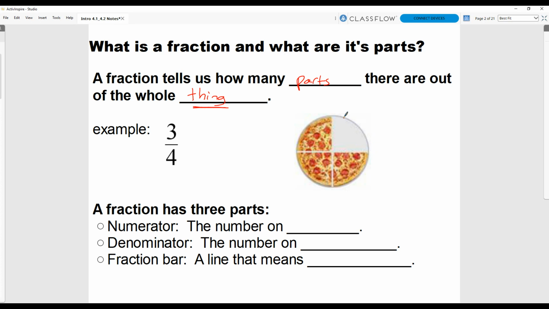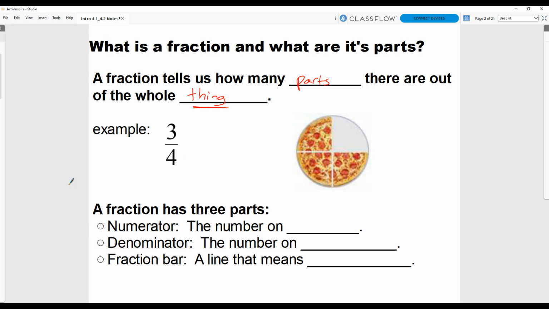Originally, in the whole pizza, there were 4 slices altogether. So 4 is the whole, and 3 is how many parts we can actually see. It's the parts out of the whole entire thing.